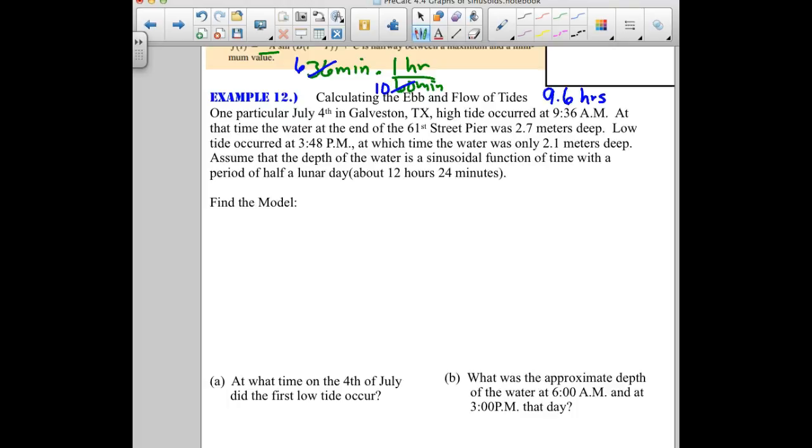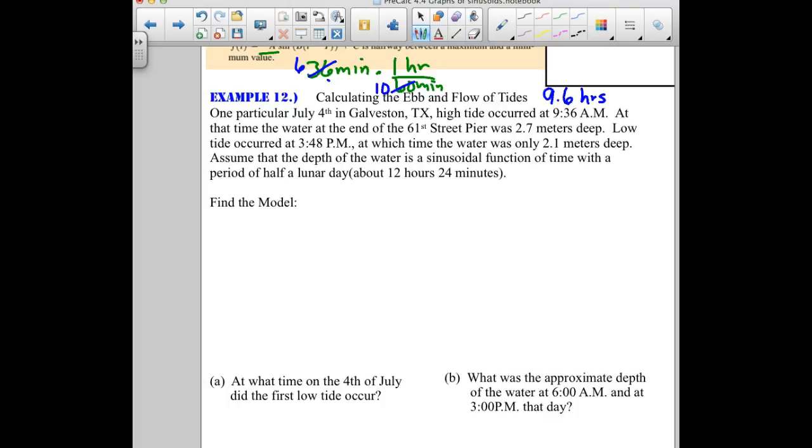All right, let's look at our other time. 3:48 p.m. What would 48 minutes be in terms of a decimal? If we change this 36 to a 48, it becomes an 8. If we divide by 6s, 8/10. And what about 3?